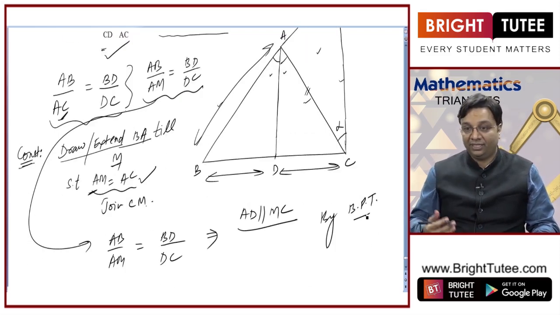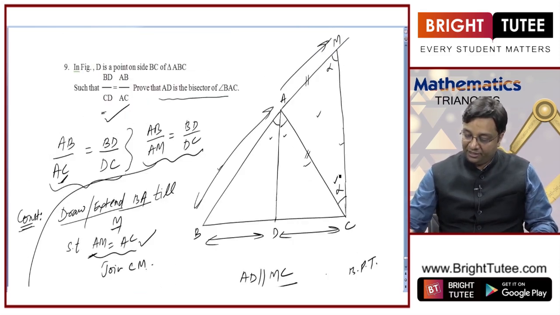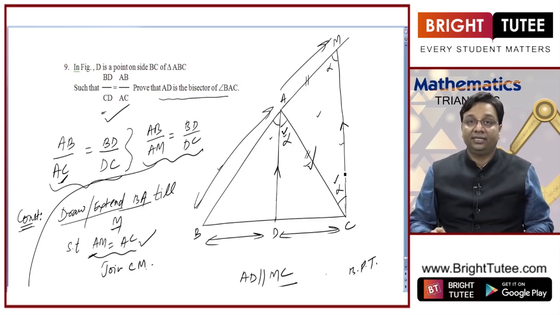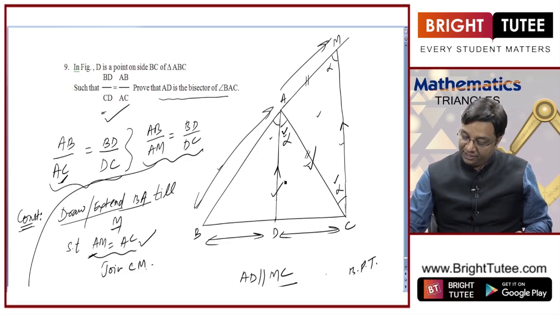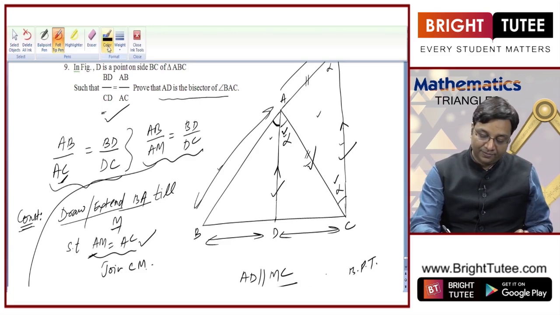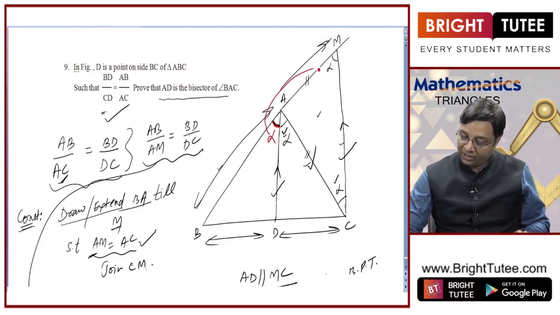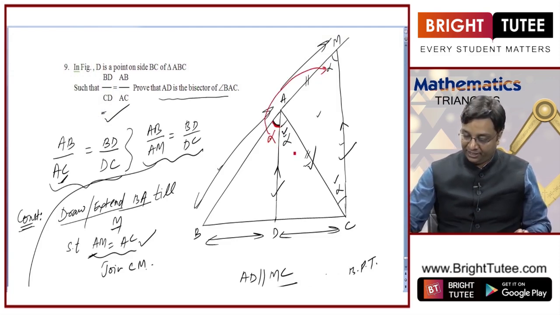Now once I prove that these are parallel, this angle will be equal to this angle. Why? Because AD is parallel to MC and AC is my transversal. So this angle will be alpha, because these are alternate interior angles, and this line is parallel to this line. So this angle here will be equal to alpha. Why? Because these two angles are corresponding angles and these two angles are alternate interior angles.